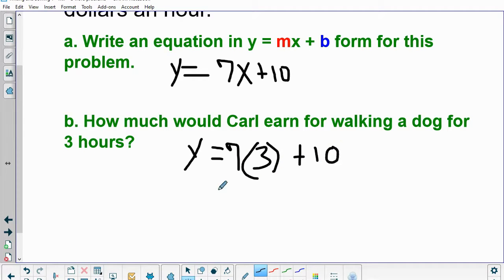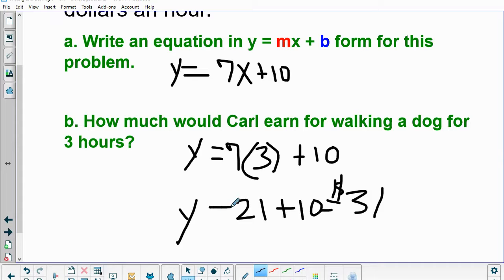So we do 7 times 3, which is 21, and 21 plus 10 equals $31. So if he walks the dogs for 3 hours, he makes $31. There's an example of how this might work.